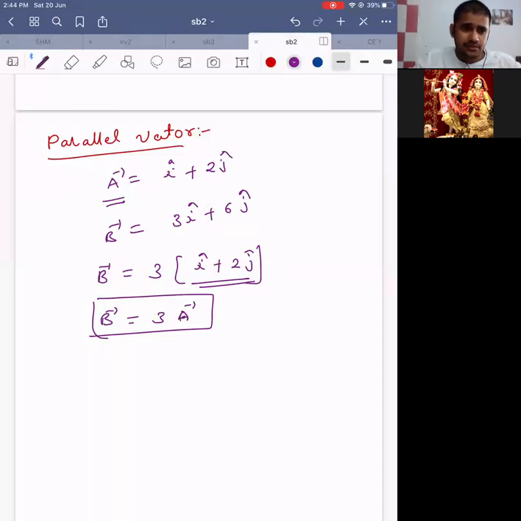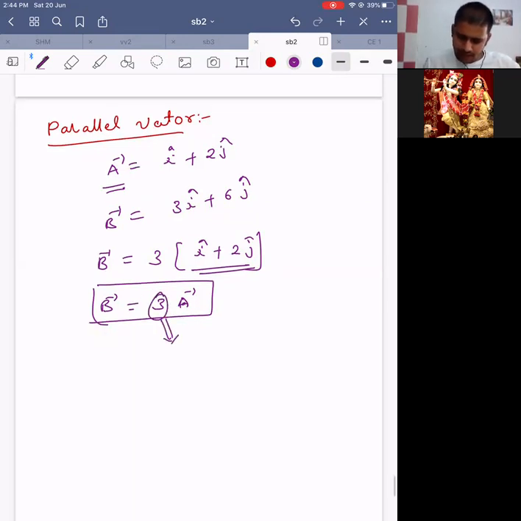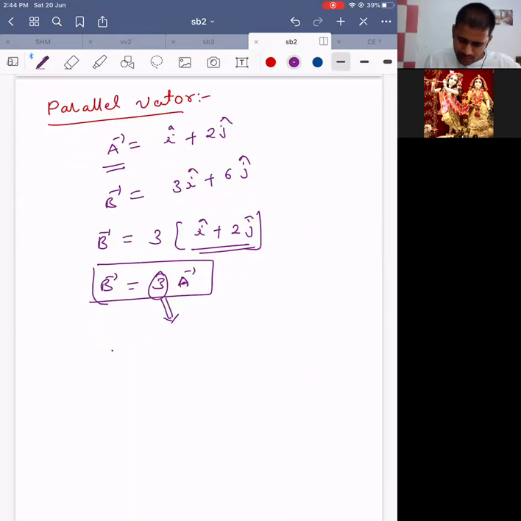3 times A bar, so this 3 is a positive constant. If we can write B bar equal to K times A bar for any two vectors, the K can be a fraction, an integer, any constant.